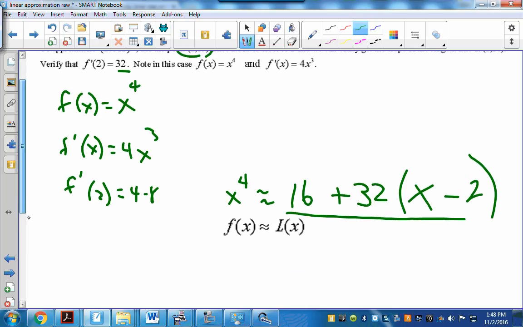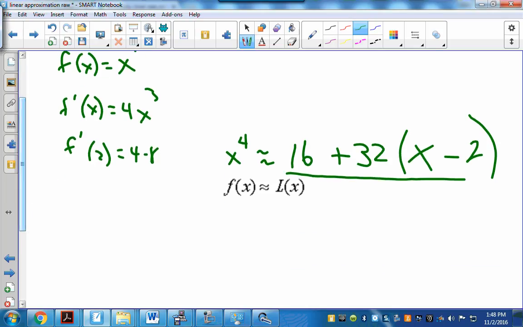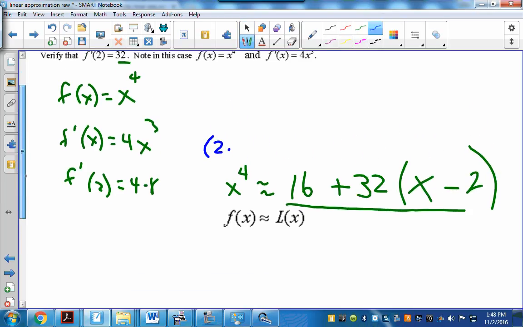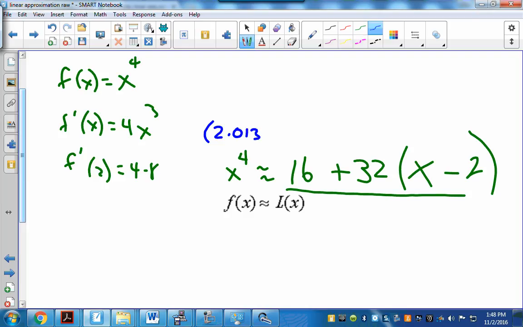So x to the 4th is about the same as that, which means if I took 2.013 to the 4th, that's about the same as 16 plus this other stuff, 32 times 2.013, take away the 2. Yeah?